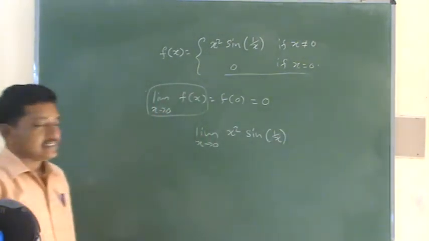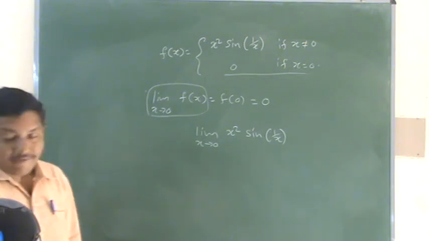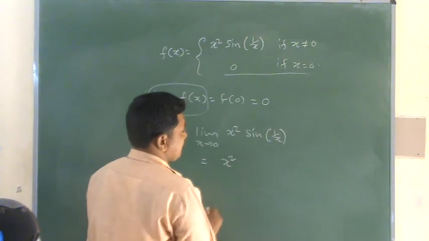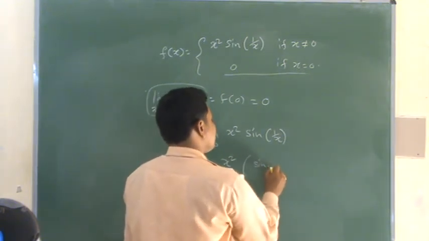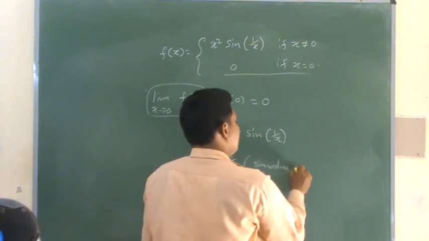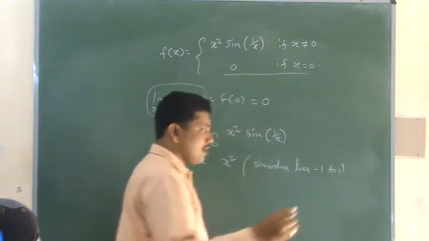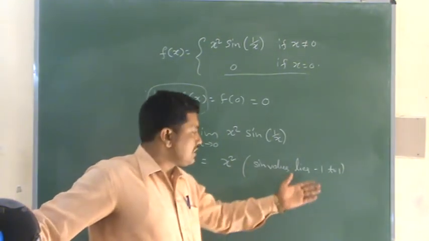So here sin 1 by x indicates that it is going to infinity, right? But here the value is not like this. Here the value is x square times sin, and the range of sin is between -1 to 1 whatever input you give.